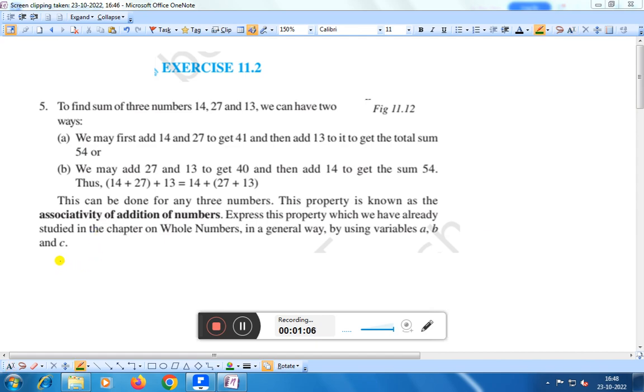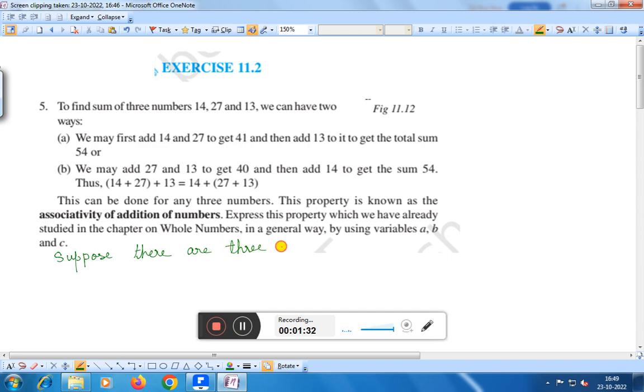Suppose there are three variables a, b and c.